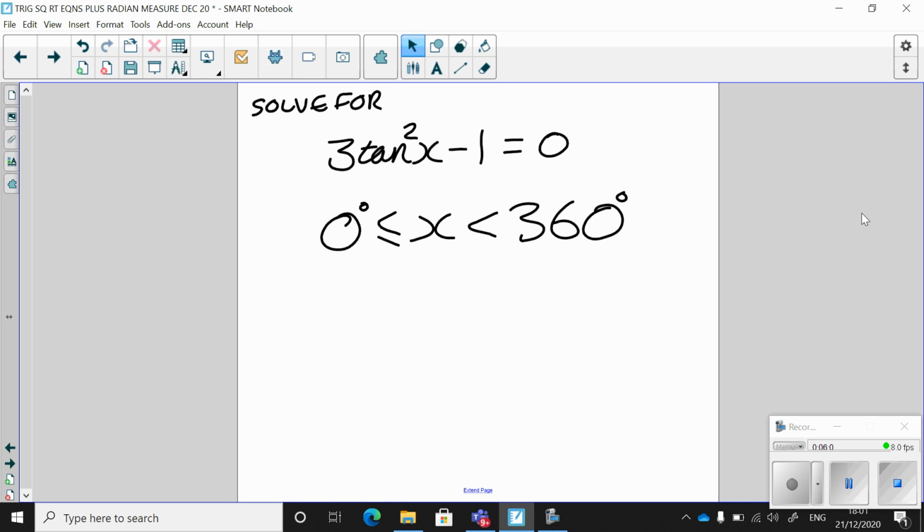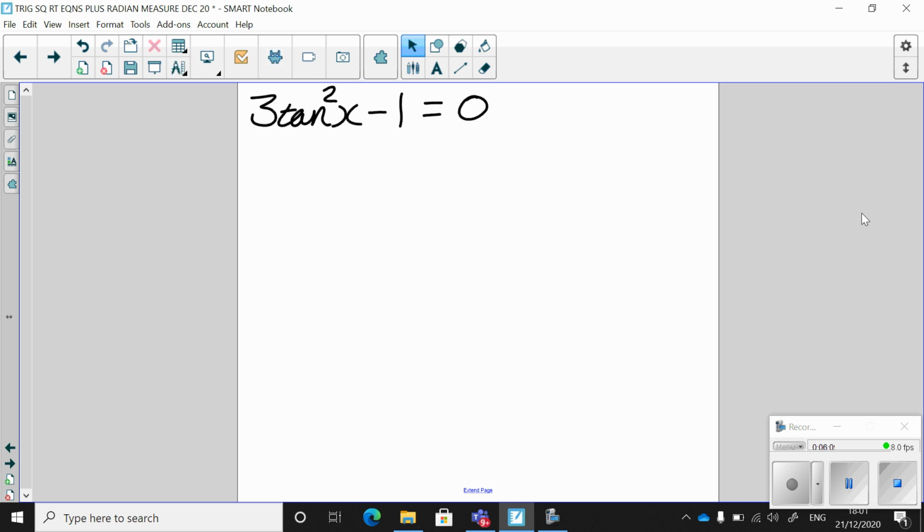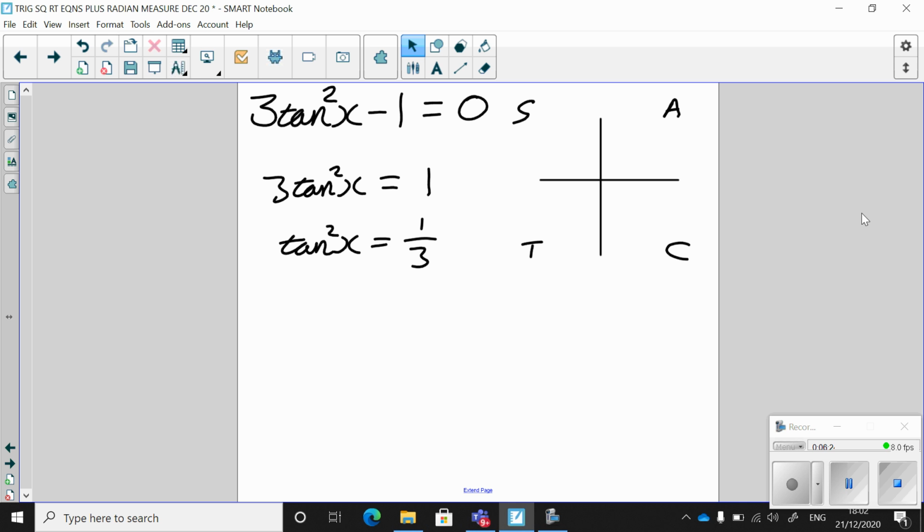It looks like it includes 0 because I've got less than or equal to x, and less than 360, so it goes up to 360, not quite including it. Right, let's rearrange it. So let's get rid of the -1, add 1 to both sides, and I put in a wee coordinate check there, getting ahead of the game here, Tommy. Okay, get rid of that 3, let's divide both sides by 3.